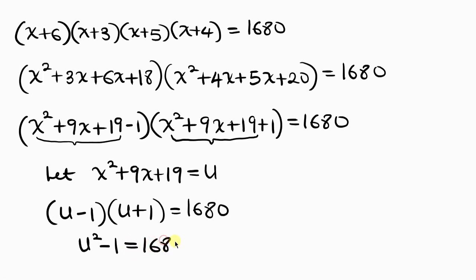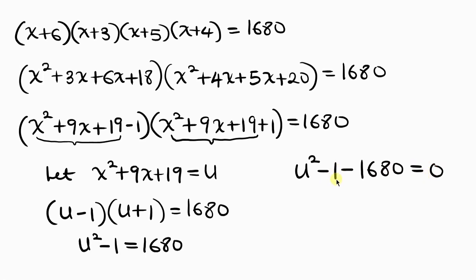So this is equal to 1680. What we can do here is move 1680 to the left-hand side. So I've got u squared minus 1 on the left, and as 1680 crosses to the left, it becomes minus 1680, equal to 0.